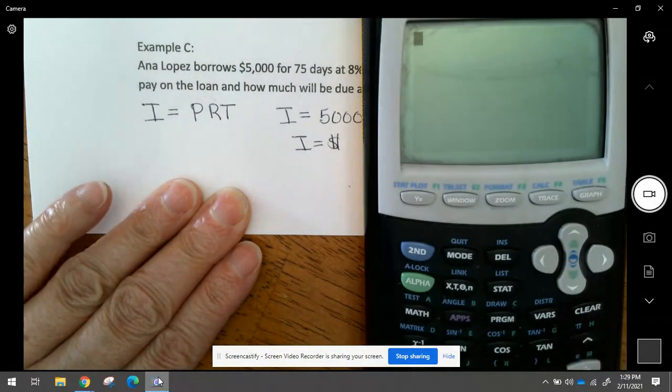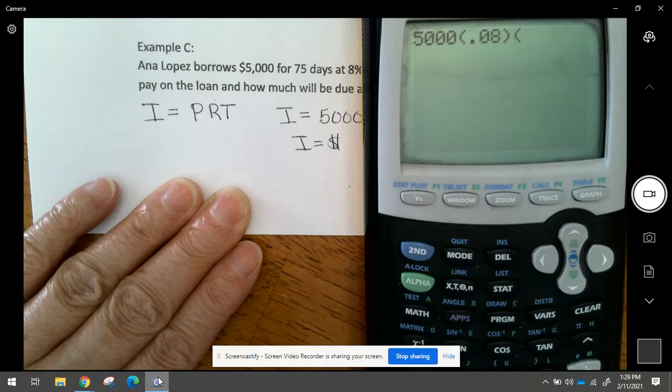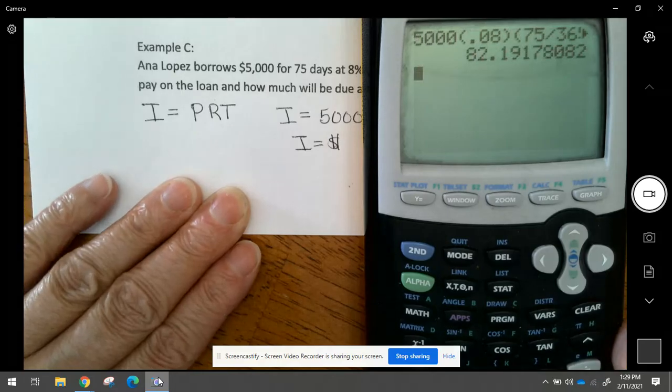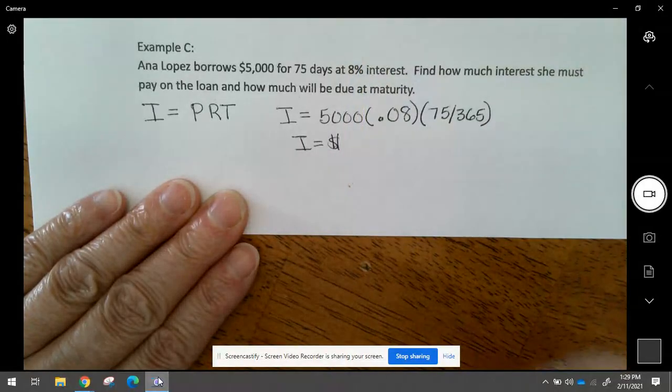And I'll show you that again in the calculator. 5,000, parenthesis 0.08, close, parenthesis 75 divided by 365. Close parenthesis, hit enter, and it's $82, and remember to round, 19 cents.